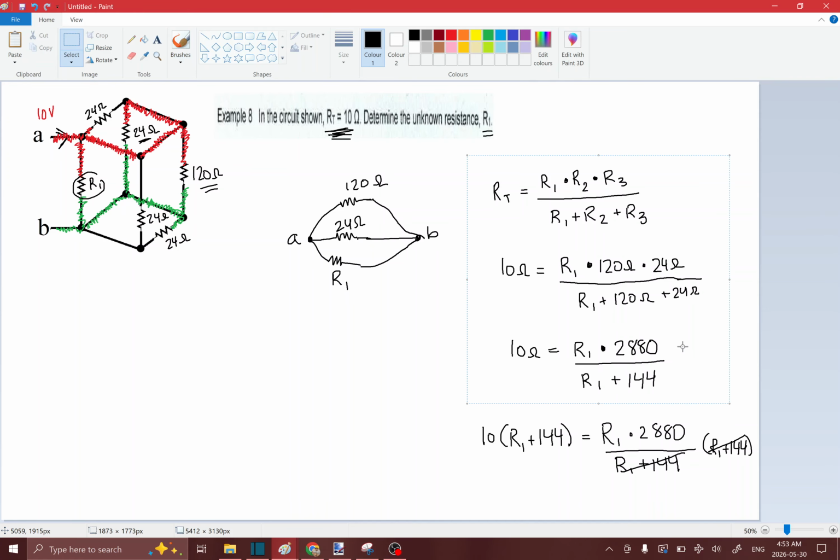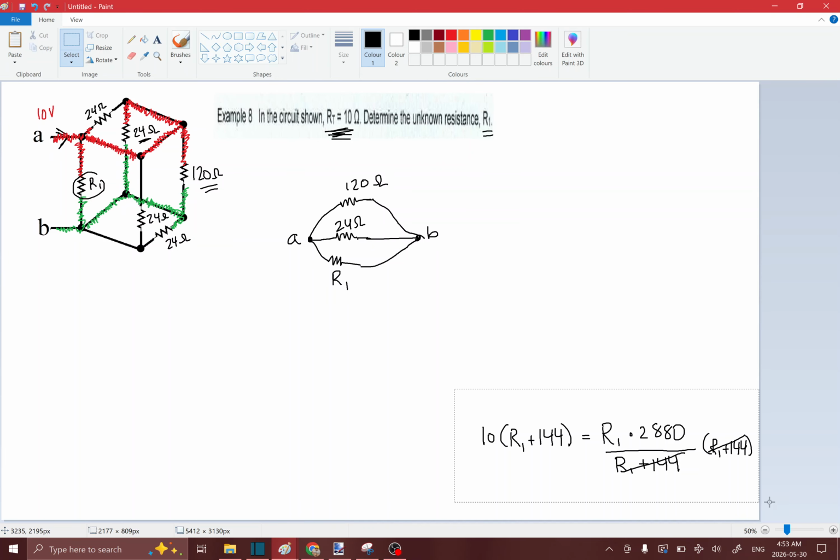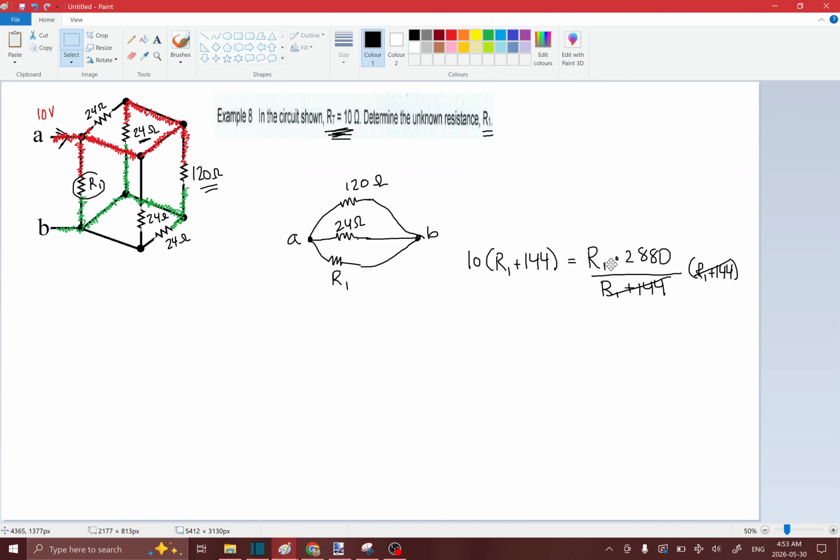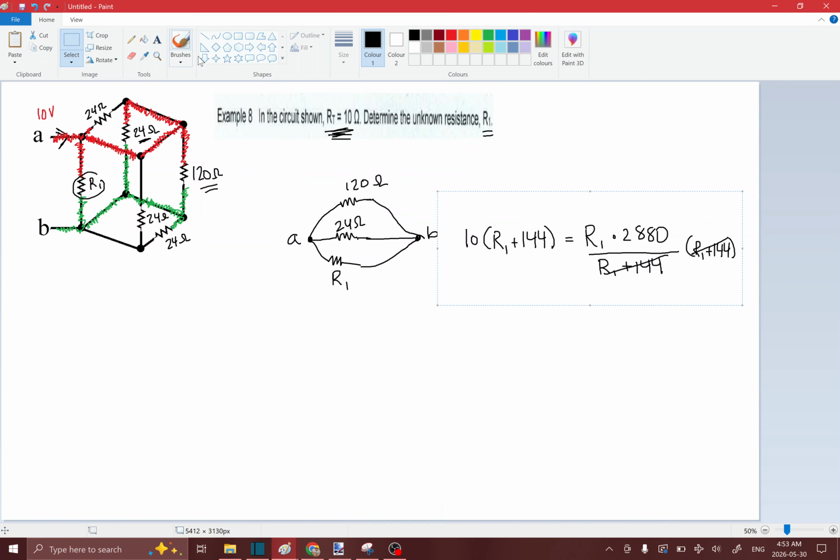We'll delete this, and we'll move this up like that. Okay, so now we've got 10 times R1 plus 144 is equal to R1 times 2880.